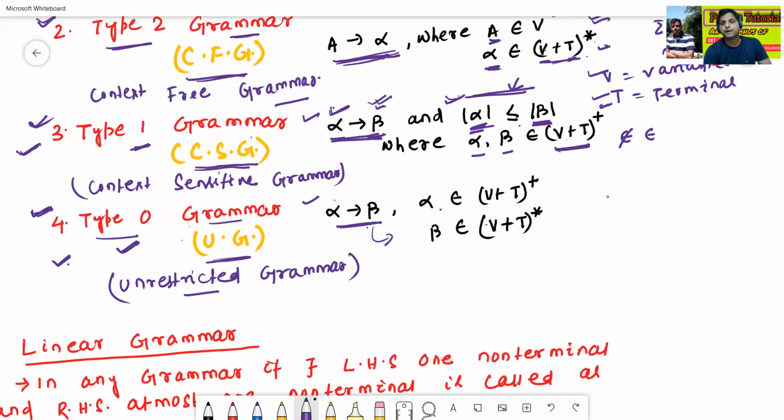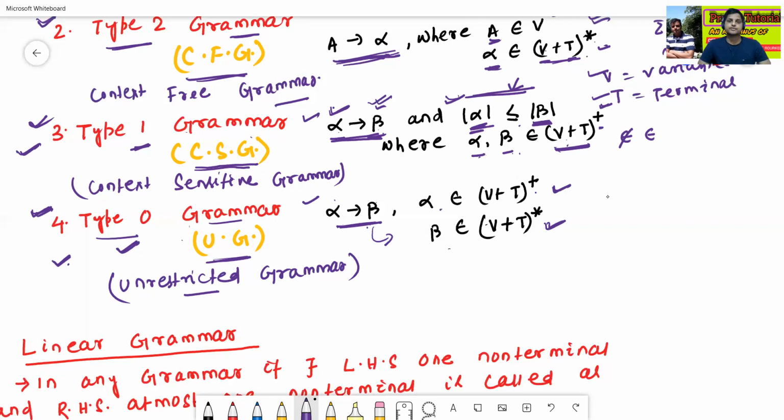Here alpha belongs to (V plus T) whole plus and beta belongs to (V plus T) whole star. In both cases alpha is the same, (V plus T) whole plus, but beta differs: in one it is (V plus T) whole plus, and in the other it is (V plus T) whole star.